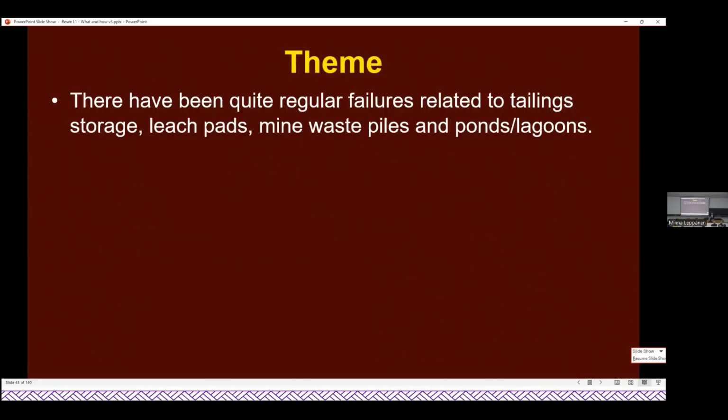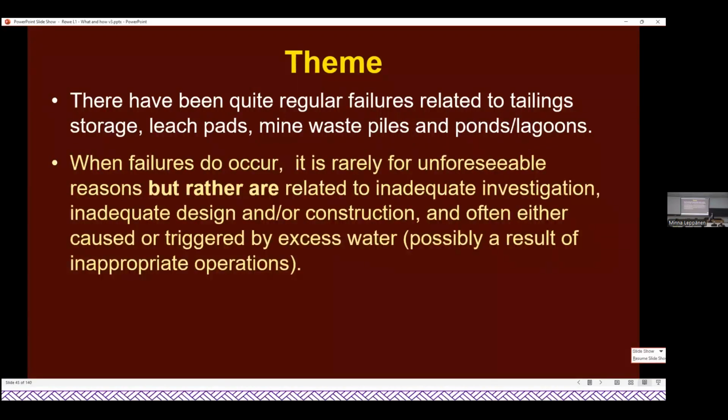There have been quite regular failures of tailings storage, heap leach pads, mine waste piles, ponds and lagoons. The more dramatic ones get reported in the press, but far more of them are actually occurring than you probably hear about.